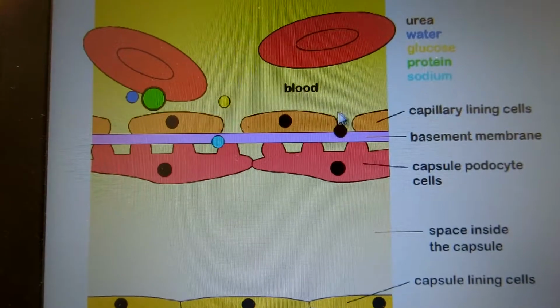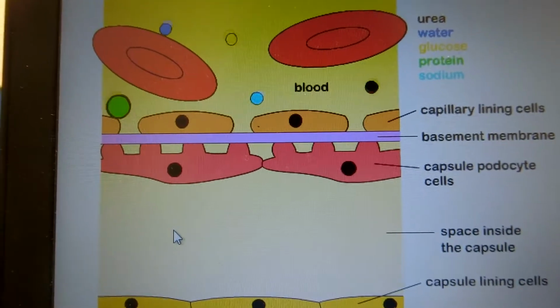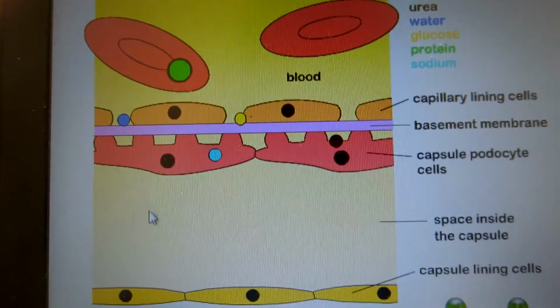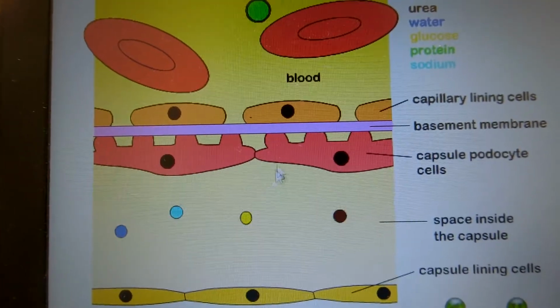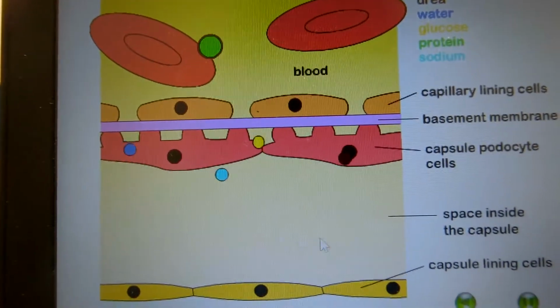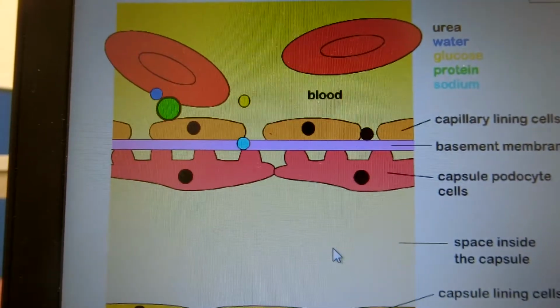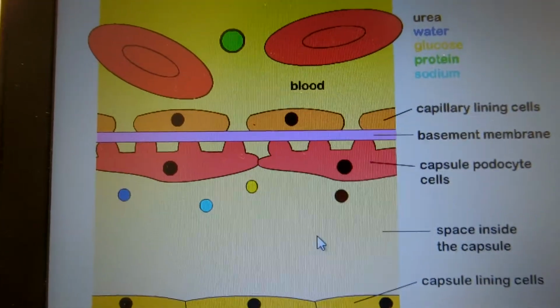Only small molecules like your urea, glucose, sodium, and water molecules are able to be filtered because they're very small. They're able to pass through the pores in your basement membrane into the space in your Bowman's capsule. This process is called ultrafiltration.